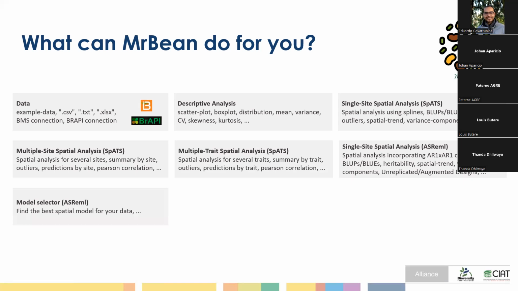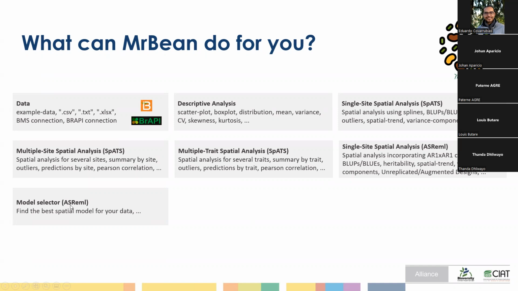Sometimes it's difficult in ASREML to find the best model because it's very flexible and we can use splines in columns, splines in rows, a random factor in this direction, an additional random factor in the other direction. And we can start playing with these structures: autoregressive in one direction, autoregressive in the other one, the combination of both.